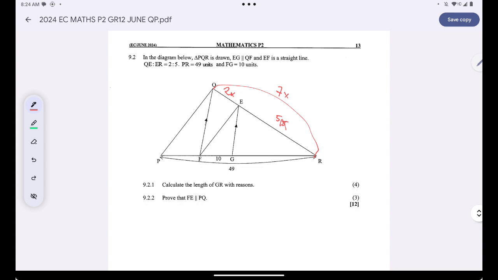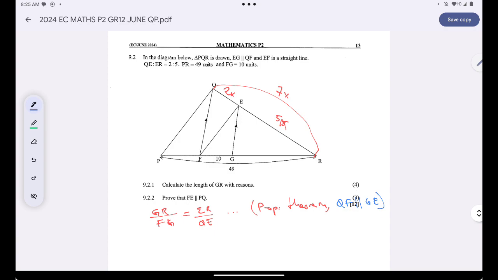How can we find GR? We can simply say GR over FG is equal to ER over QE. This thing is true because of the proportionality theorem we've just proven, and the proportionality theorem is true because QF is parallel to EG.